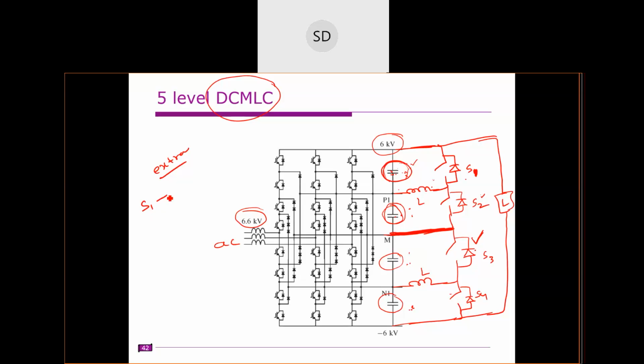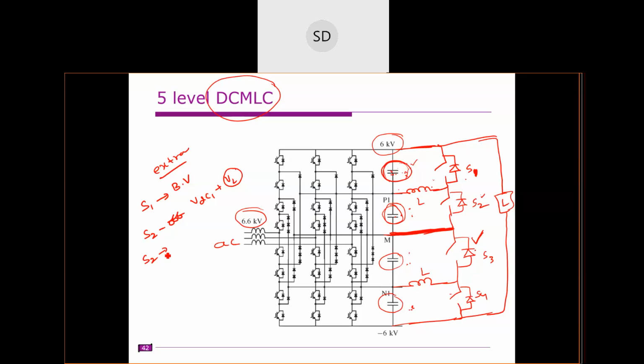So when we are calculating the blocking voltage for S1, if the switch S2 is off, we have the capacitor voltage VDC1 plus the voltage across the inductor. The voltage across this inductor may be positive or negative, depending on the current direction and how it is charged.